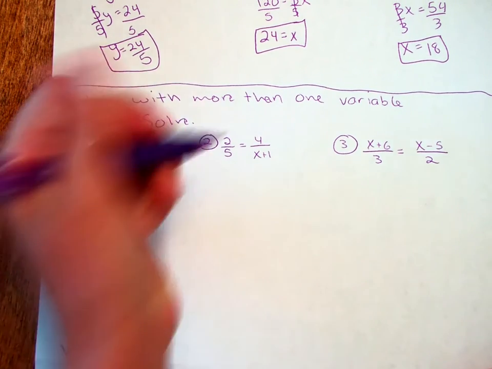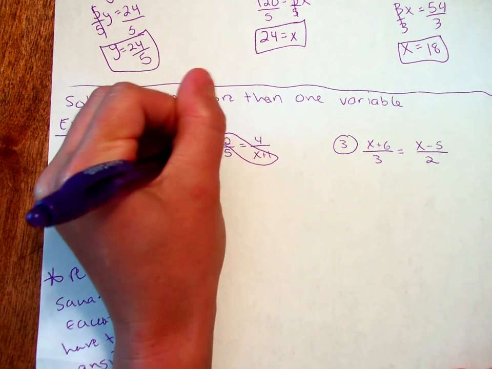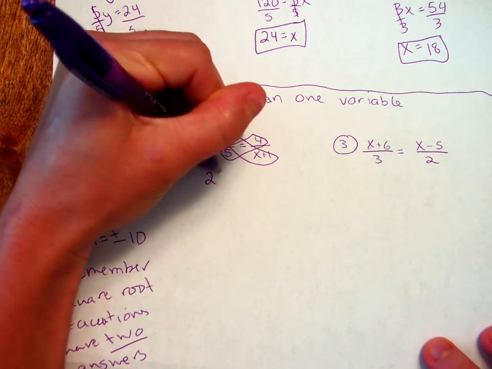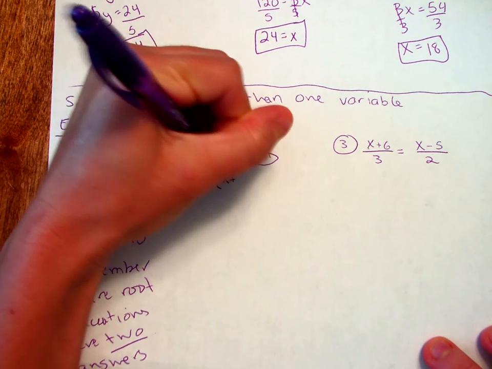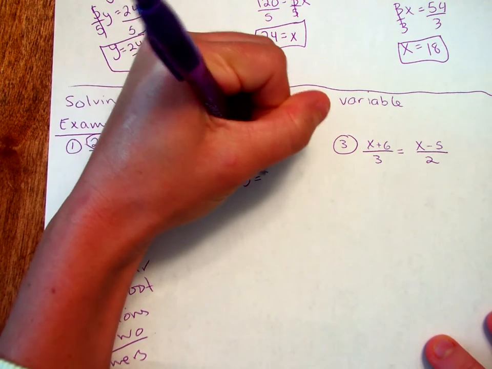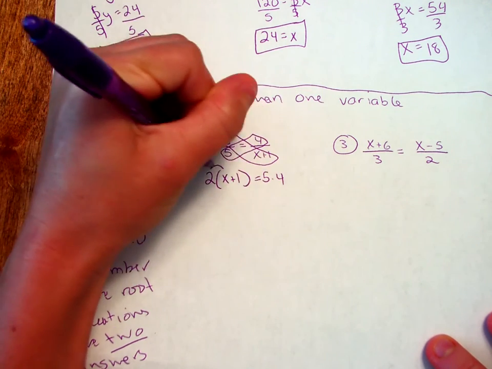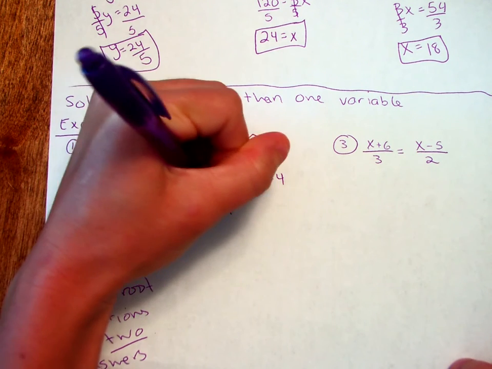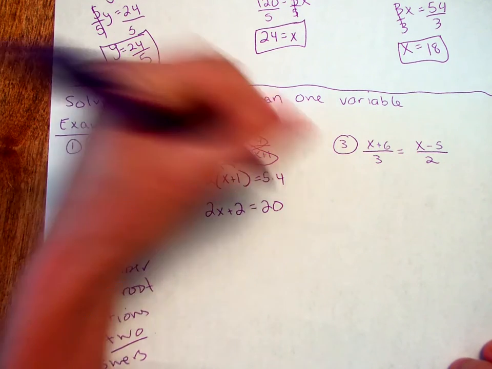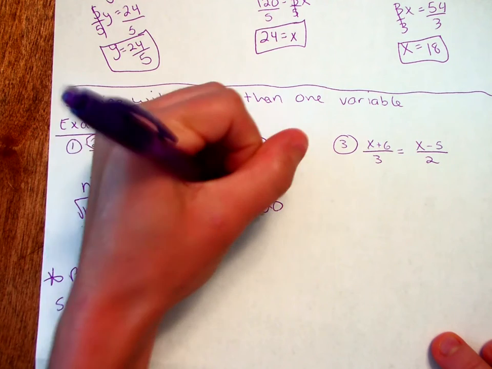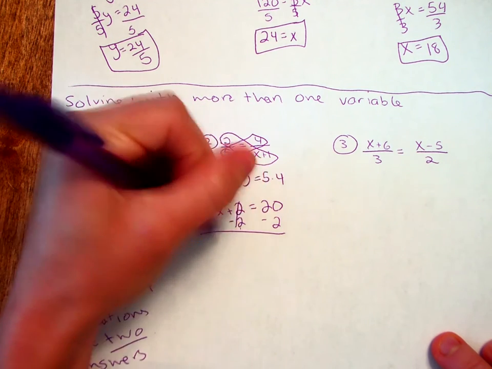All right, so let's look at the next one. We're going to multiply and make sure you put your parentheses. 2 times x plus 1 equals 5 times 4, which is 20. You distribute the 2 to whatever's in the parentheses, and this should remind you of a two-step equation. So you subtract 2 from both sides.